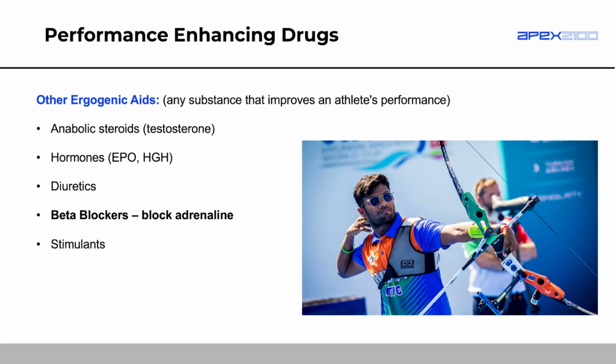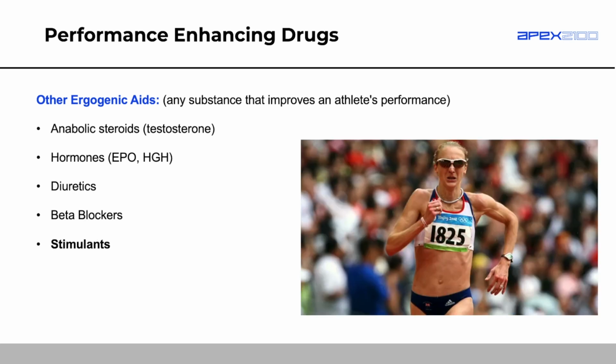So people like to use it in sports where there's some sort of precision aspect or focus aspect. So a sport like archery or shooting, they've been known to use beta blockers to reduce anxiety, maintain steady hands, minimize tremors, and just keep a really low heart rate so they can concentrate and not let that anxiety get to them.